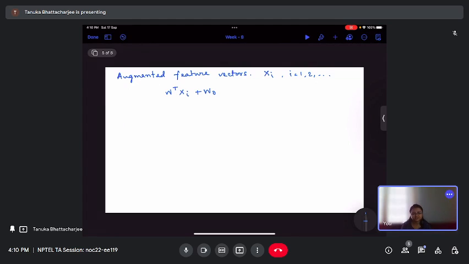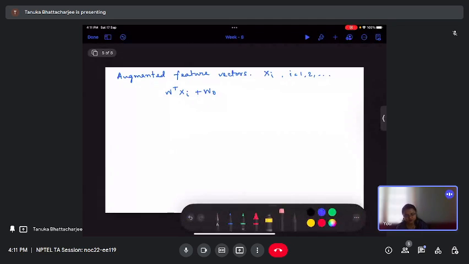But here, since we are considering augmented feature vectors, we have appended 1 at the end of each xi, and we have appended this w naught at the end of w. So now you have the augmented weight vector as well as the augmented feature vector, and we can as a whole write w transpose xi.